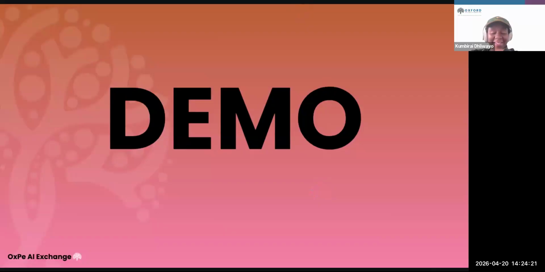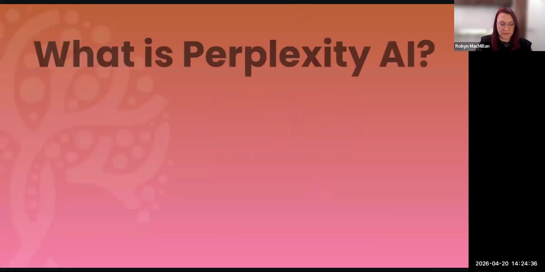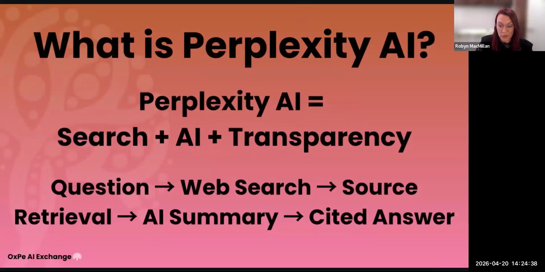Okay, perfect. So what I'm going to talk about now is Perplexity. Does anyone use Perplexity? Has anyone tried this kind of platform before? Not yet. So this is a totally different kettle of fish. This platform is what is called a conversational search engine.